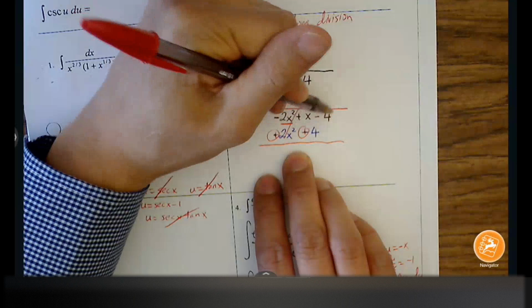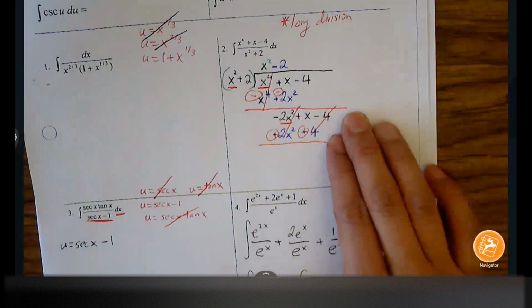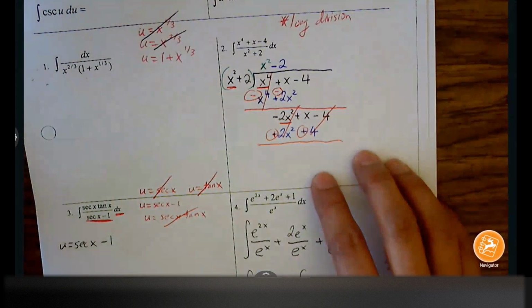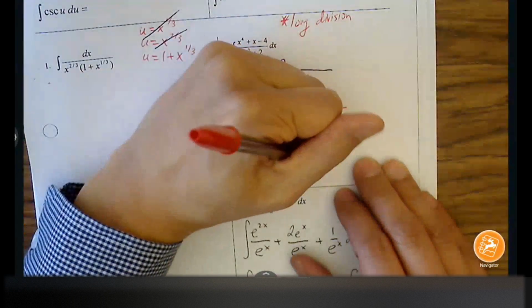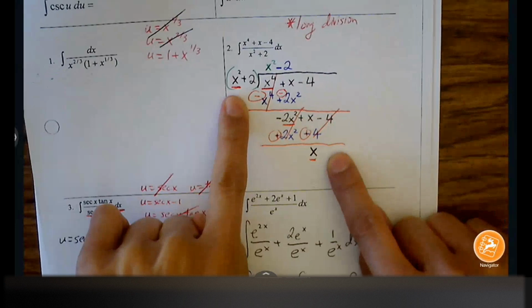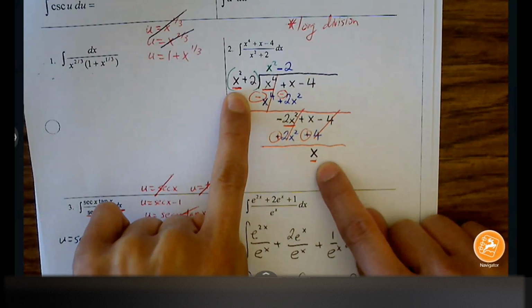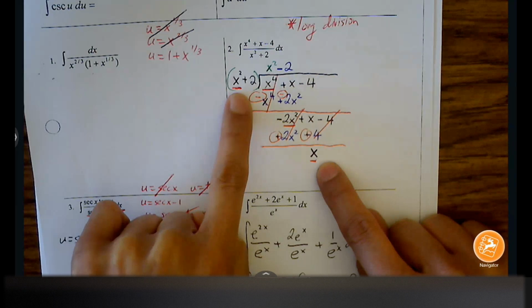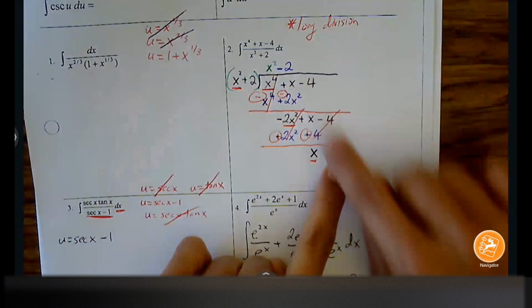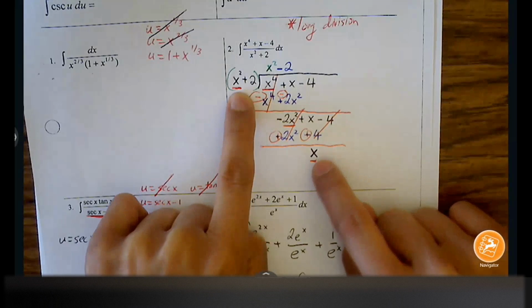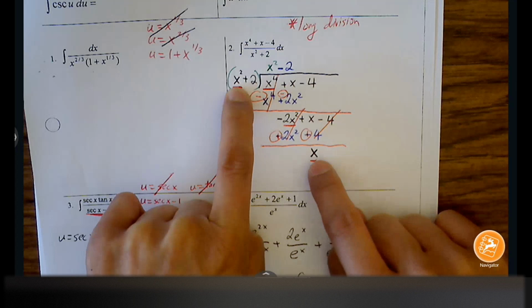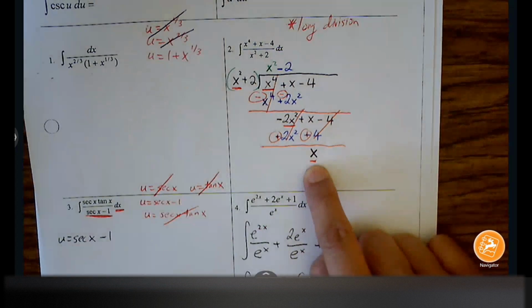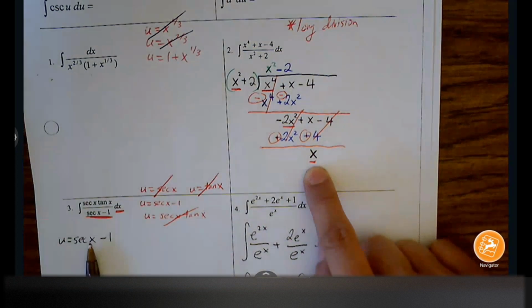Conveniently, not only does the first term go away, but also the last term, so we're only left with x. Can I keep going here? Can I multiply x squared by something to get to x? No, you can't. So as soon as it drops below the divisor, we stop.